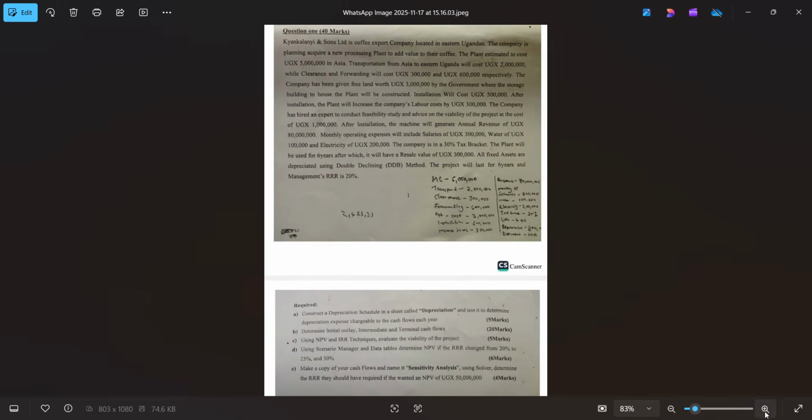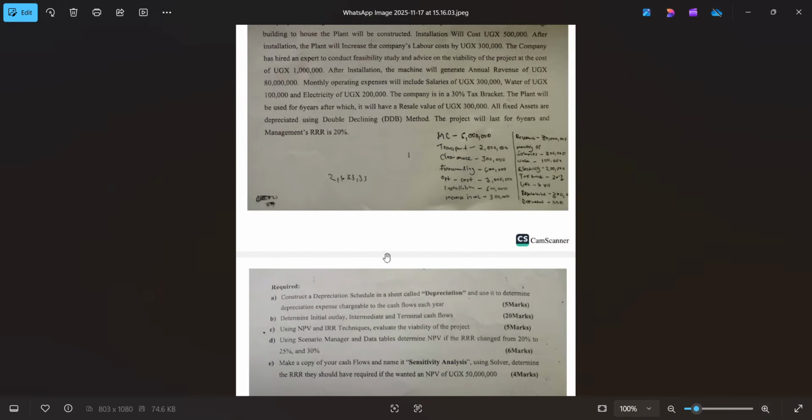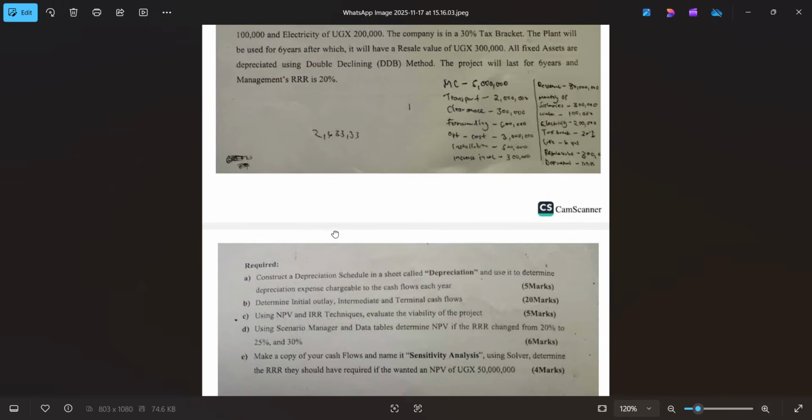In the question they're asking us to construct a depreciation schedule in a sheet called depreciation and use it to determine depreciation expenses chargeable to cash flows each year.